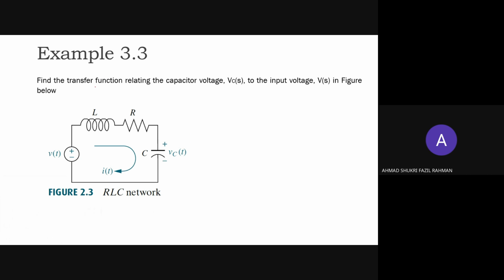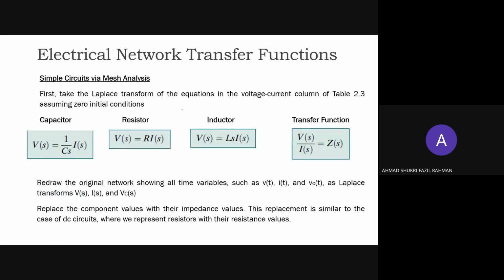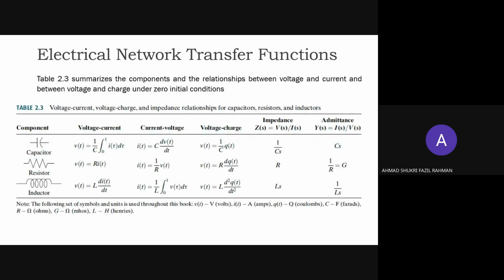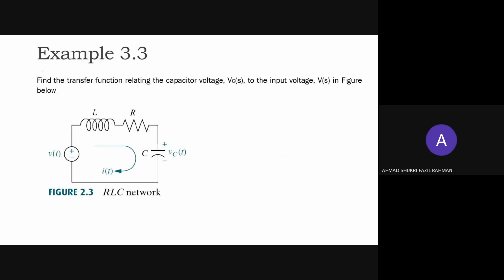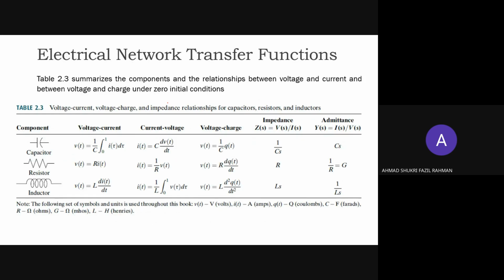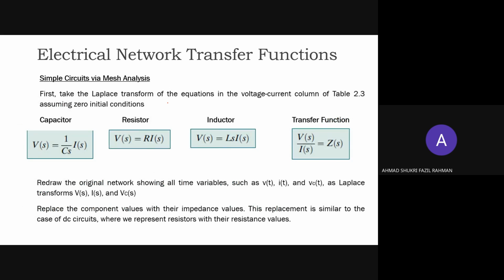This one we just replace based on the previous example. The first one is actually the inductor. The inductor's impedance value would be Ls. So we just replace L here with Ls, with small case s. R remains the same, nothing changes.